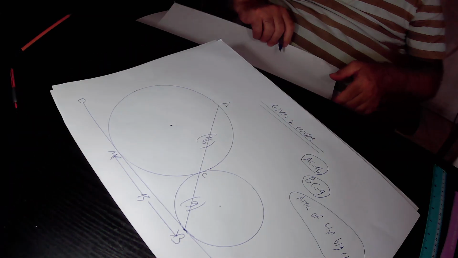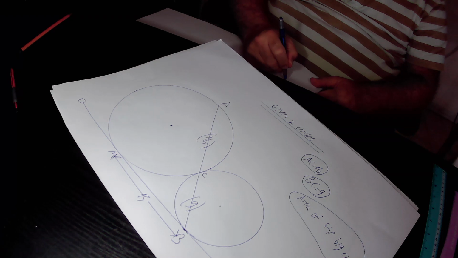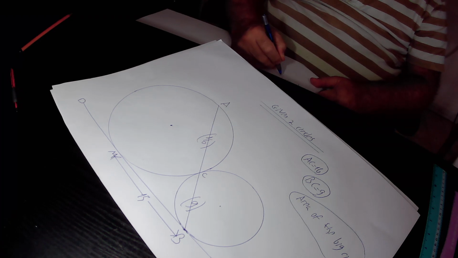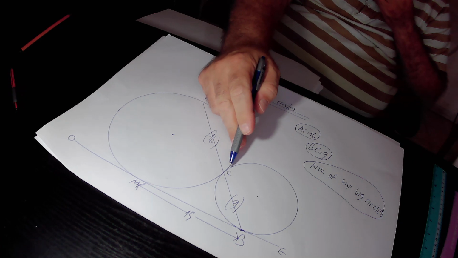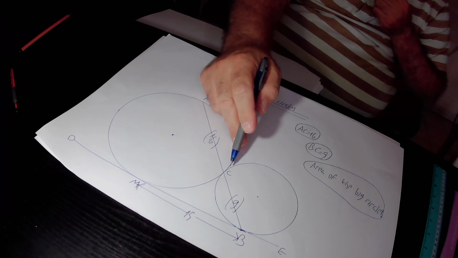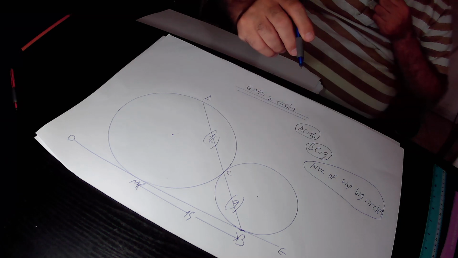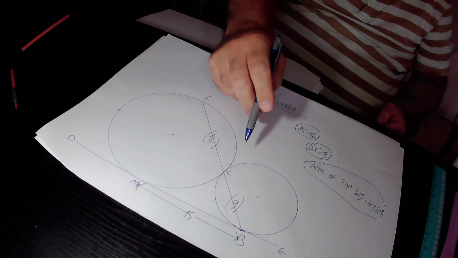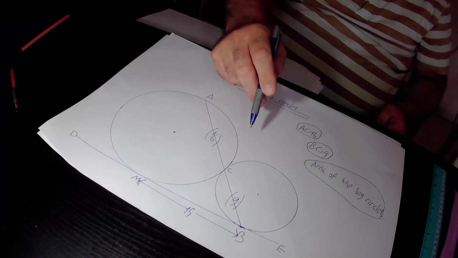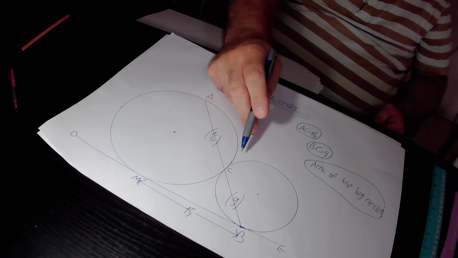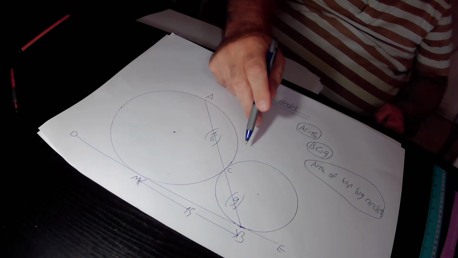In the next step, we will do a construction. That is to say, from this point C, we draw a common tangent that belongs to both circles. That is to say, the tangent that we draw will be tangent to this small circle at point C, and the same common tangent will also be tangent to this big circle.